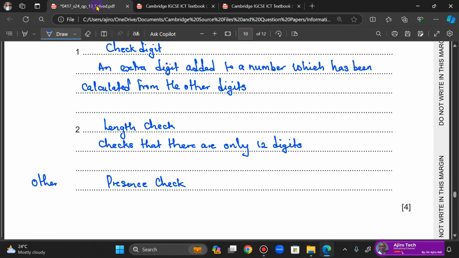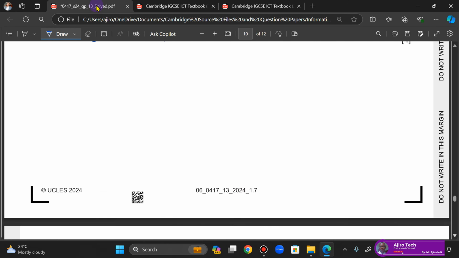So the whole idea here is that it checks that the number exists. Is that the number what exists? That it is not a null value. Hope that makes sense. Not a null value.